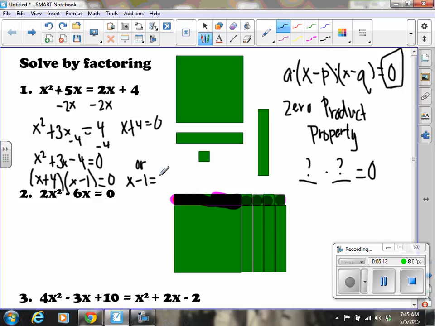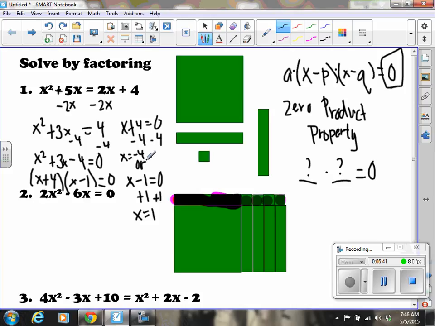So I set both of those factors equal to 0. I'm trying to solve for x, so I would subtract 4 from each side on this problem. And I'd have a solution of x could be -4. And on this problem, I'll add 1 to both sides. And I'll have a solution of x is 1.